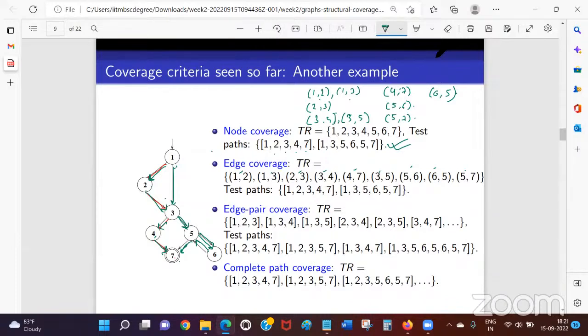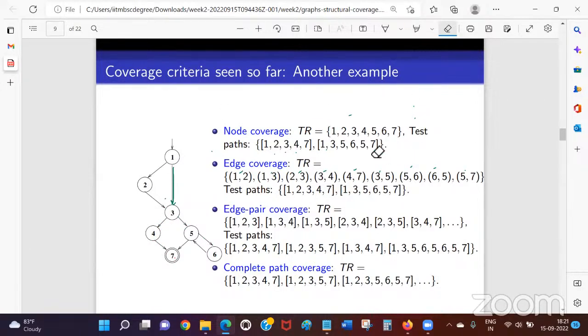Okay. So now we'll go for the edge pair coverage. For edge pair coverage, I'll take a minute. I'll just have a blank sheet so that I can explain this properly. So I'll just stop sharing it.